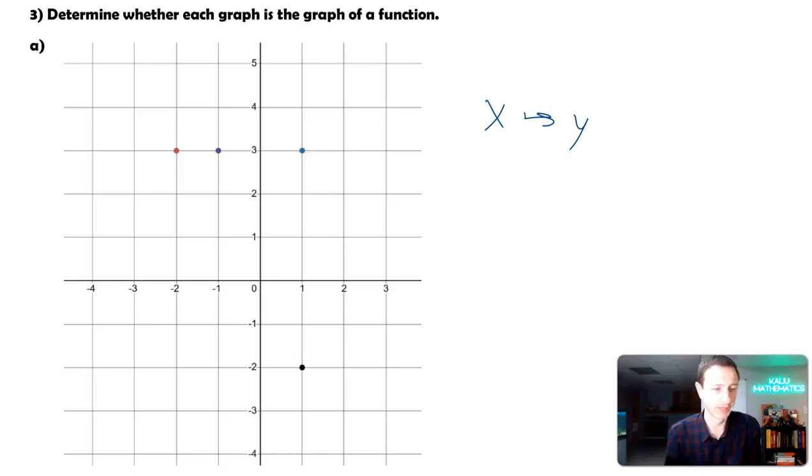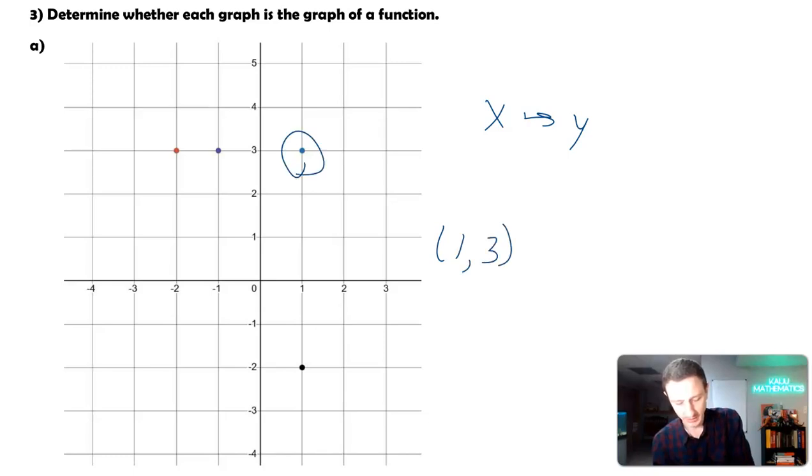This next one, x equal to 1. We have an output of 3. And we have an output of -2. So if I were to write this down, this ordered pair would be 1, 3, right here. And then this ordered pair would be 1, -2. So what are you noticing? This domain value of 1 is going to 2 different y values.